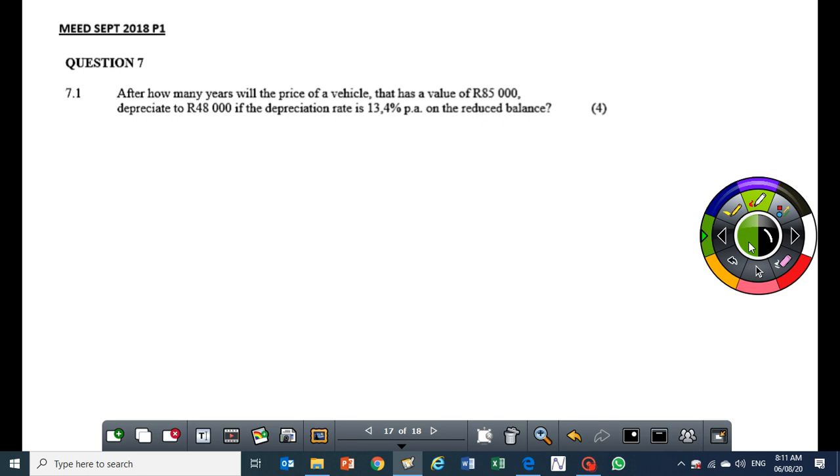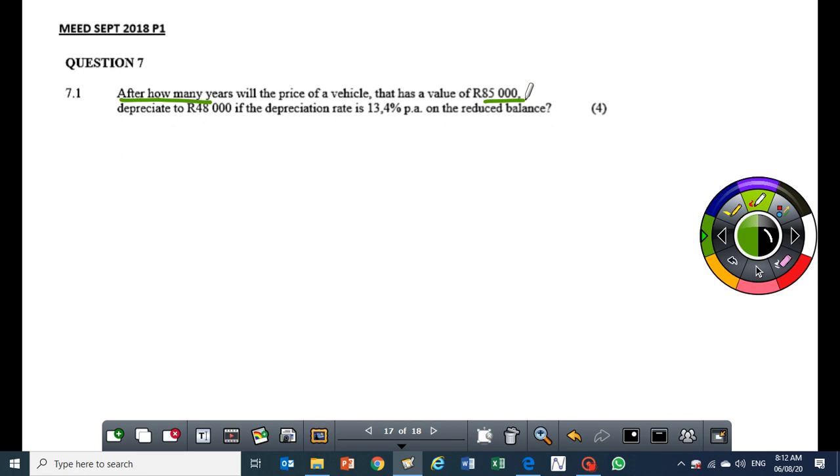All right, so the question says, after how many years will the price of a vehicle that has a value of 85,000 depreciate to 48,000 if the depreciation rate is 13.4% per annum on the reduced balance?